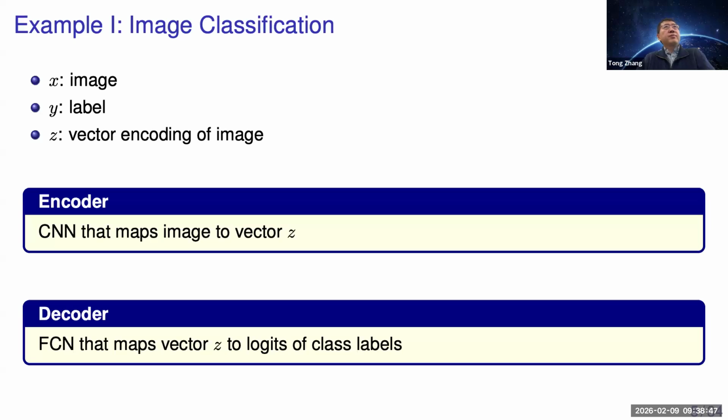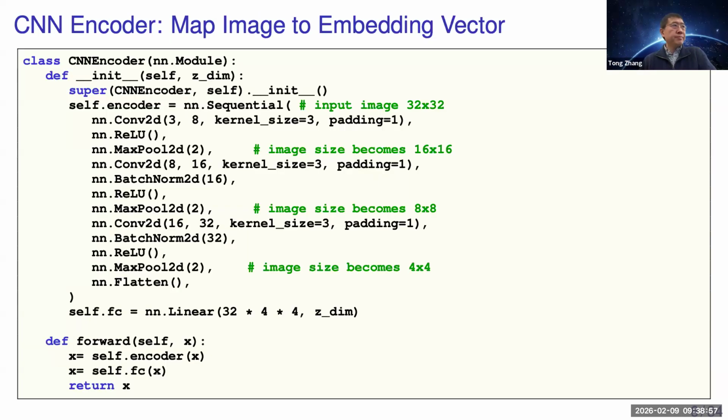Together, this is called cross entropy. So basically, you work with the logits, you don't work with the probability. Okay, so that's the typical setting, and here is an encoder, which we have probably seen before.